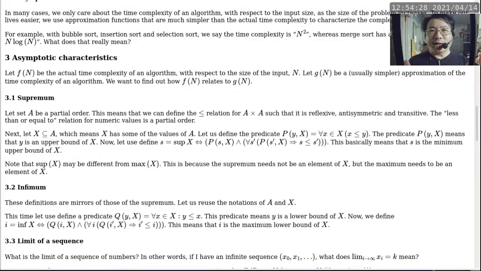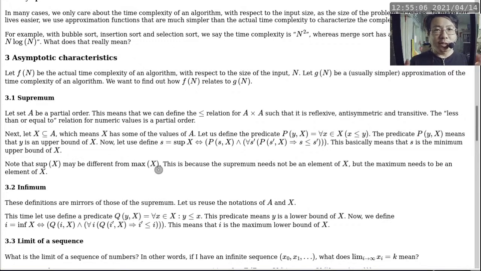Having said all of this, you guys are going to hate me for doing this. When we are concerned about time complexity, and time complexity usually is a function that returns a real number, and real numbers have a less than or equal to relation that is totally ordered, then for the purposes of time complexity, we can look at the supremum of x as the maximum of x.